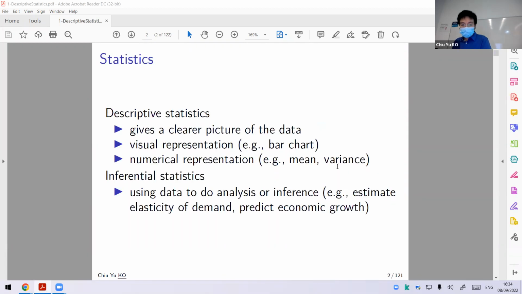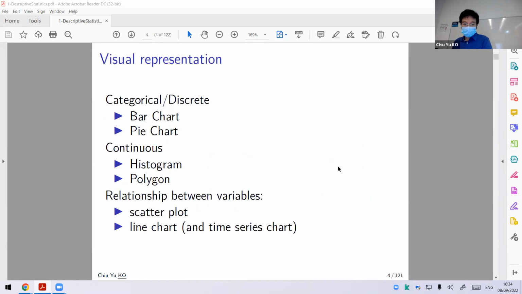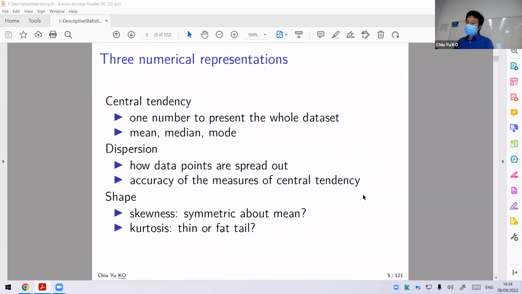We learned three different ways to do it: central tendency, dispersion, and the shape. In the last class, we went into detail about the mean and the definition of median. Today we will cover the median and mode, and then we will talk about dispersion.